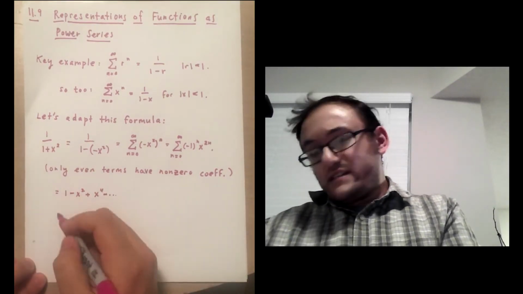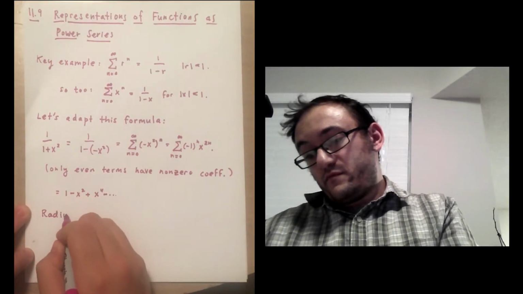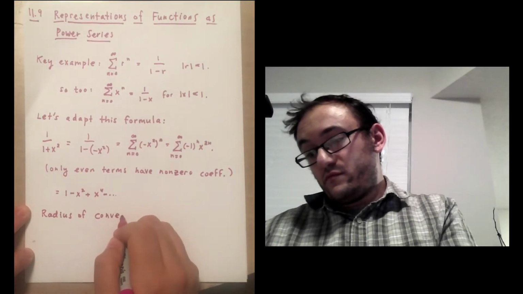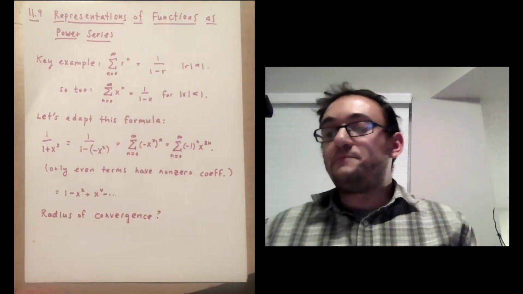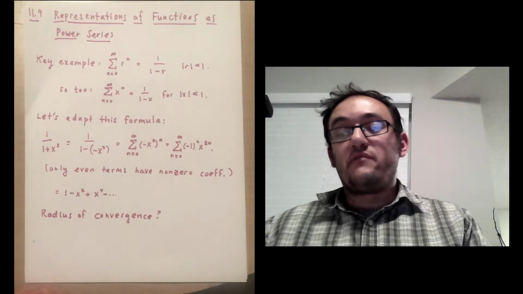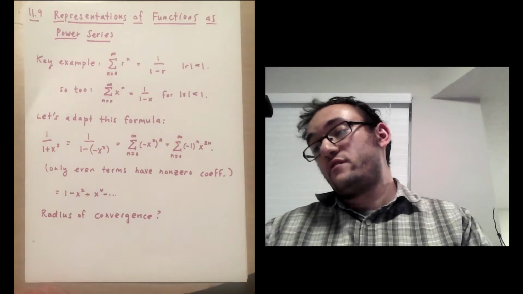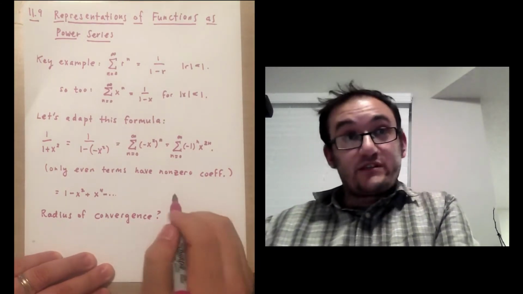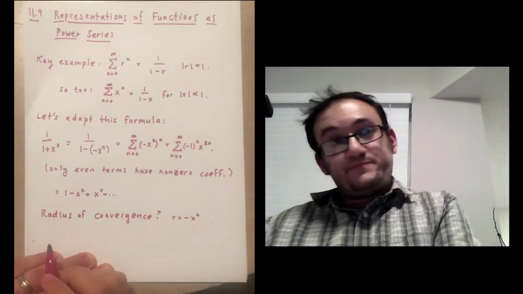What would the radius of convergence be here? Well, we're dealing with the sum of minus 1 to the n, x to the 2n. So essentially this is a geometric series with ratio equal to minus x squared.